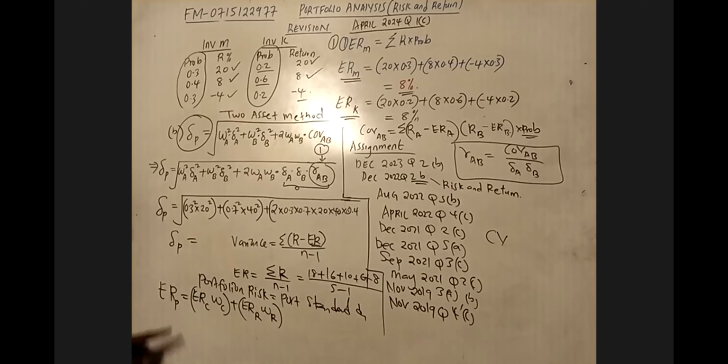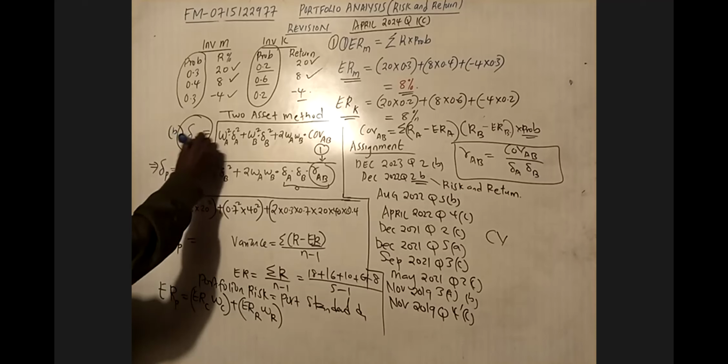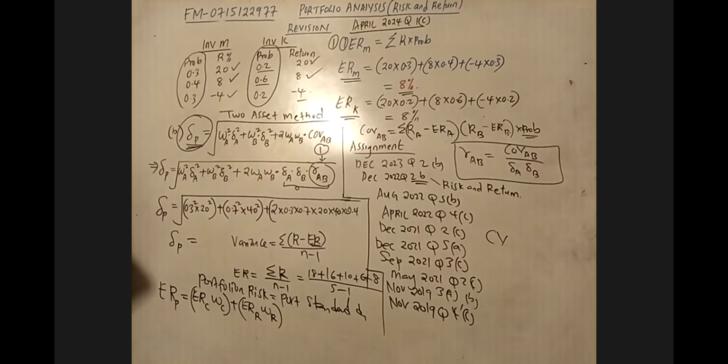That's the formula. Expected return of the portfolio is equal to the expected return of Carroll times the weight of Carroll plus expected return of Reef times the weight of Reef. And then portfolio risk is the same as the formula in the two asset method. That is the correct one. So that is what I wanted to show you.